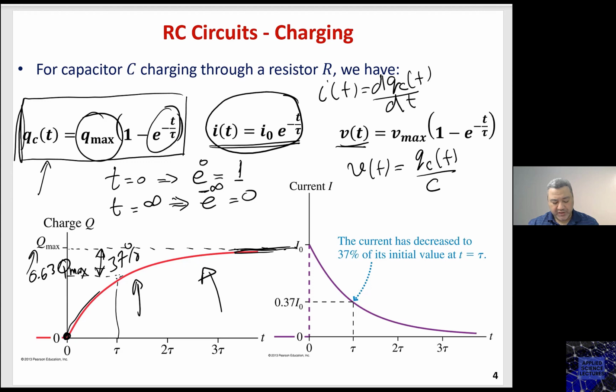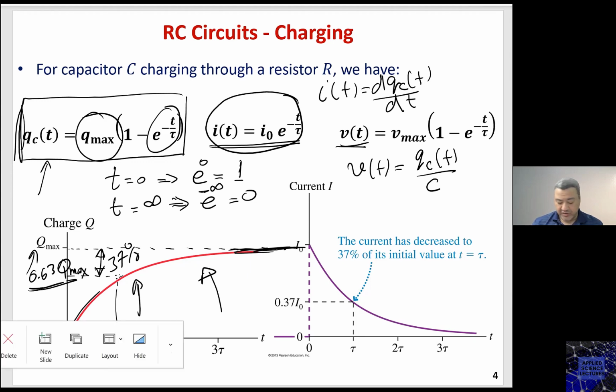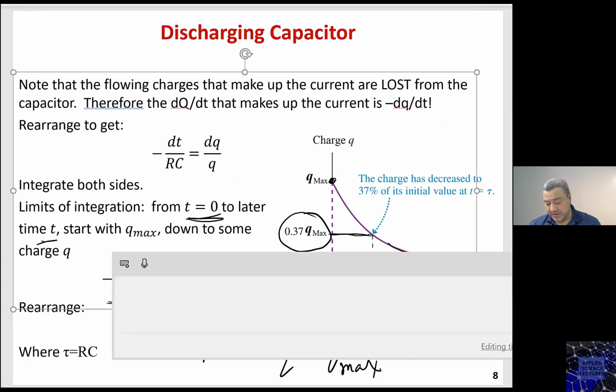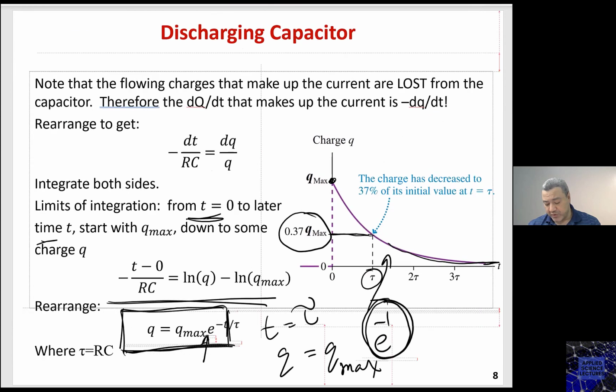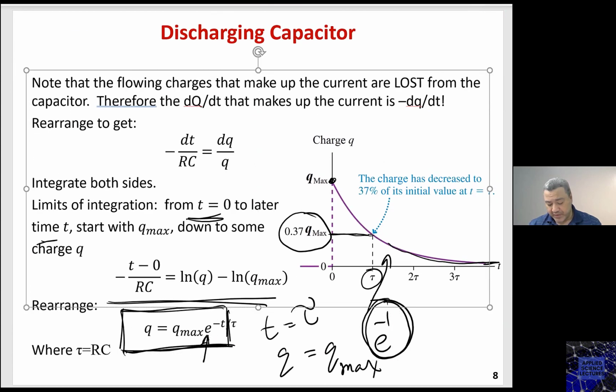So it is always 37% away from the final destination. My final destination here is Q max, so it is 0.63 Q max. My final destination here is 0, and that's why it is 0.37 of the Q max.